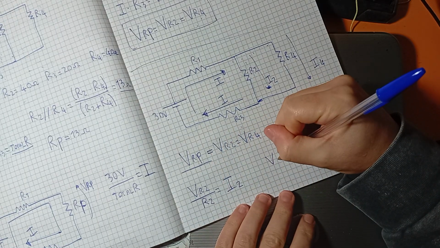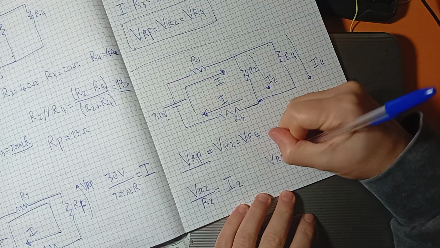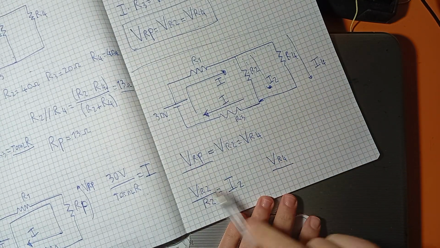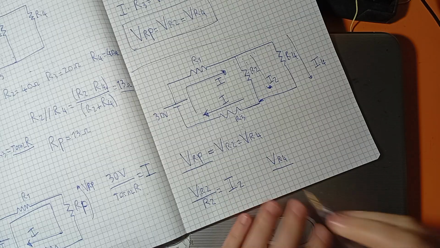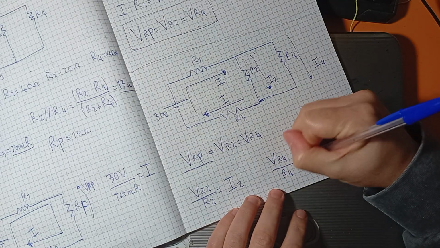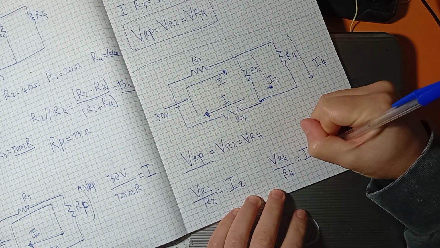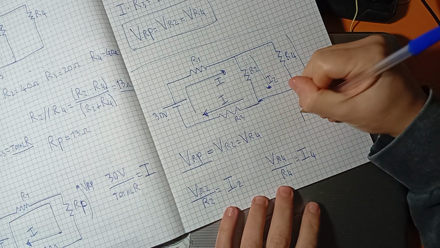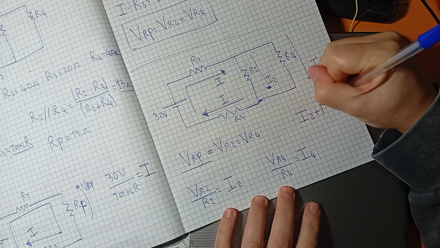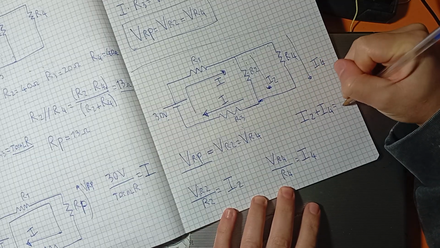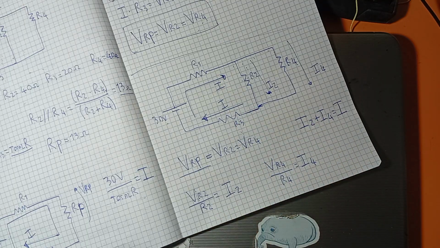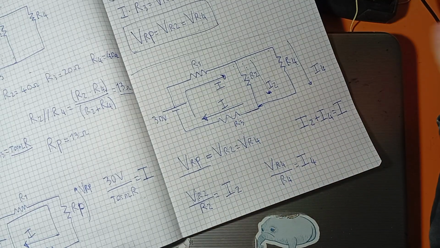Then I take VR4, which is still the same, and divide it by R4, and I obtain I4. In this way I obtain the two smaller currents, and if I add I2 plus I4, I still obtain the value of the total current. So this is how the current divides.